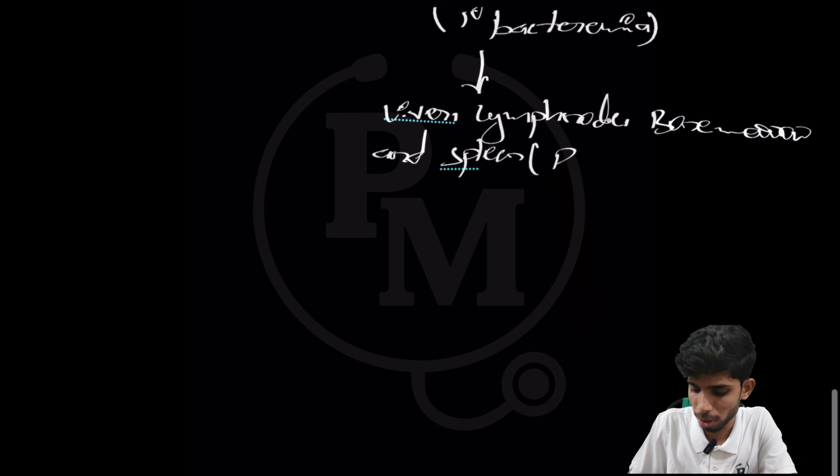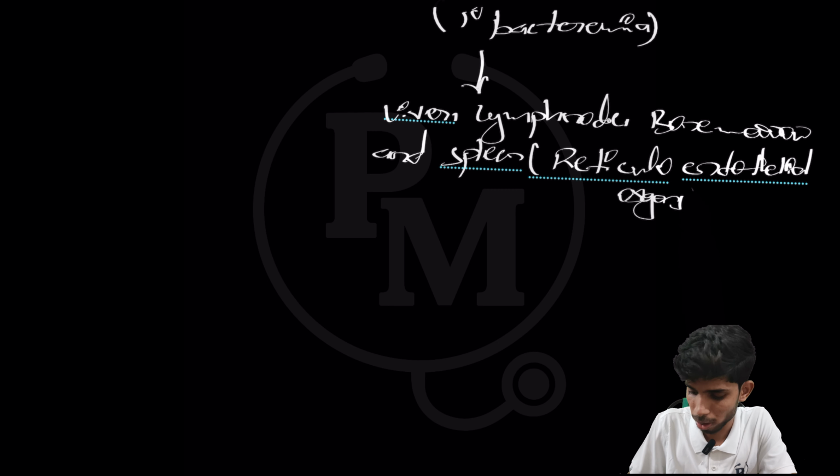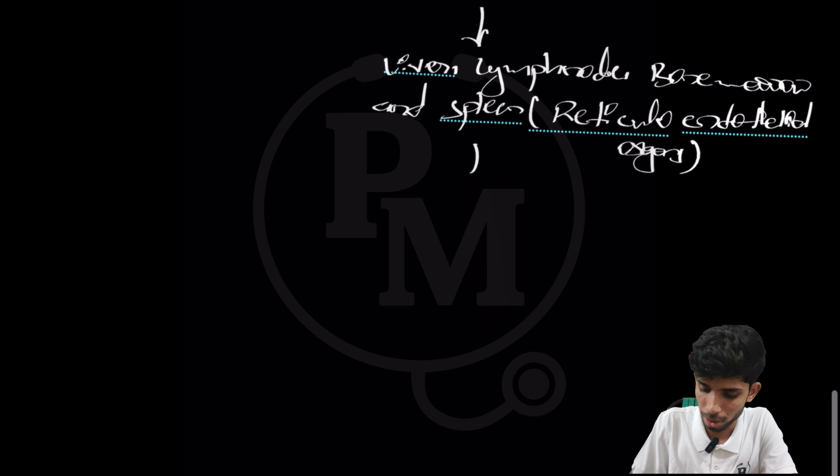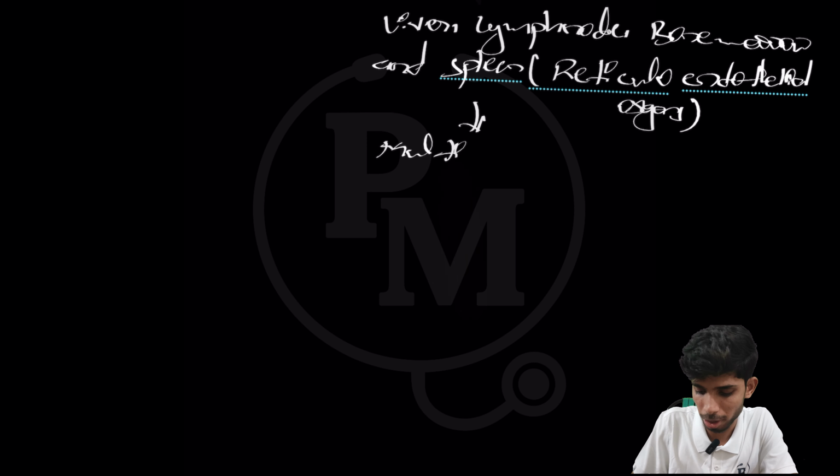These are reticuloendothelial organs. In these, multiplication of the bacteria occurs.